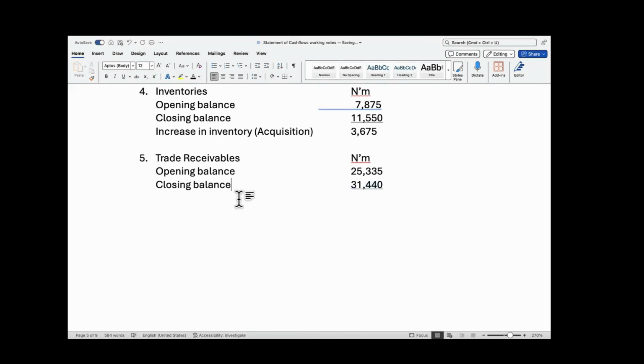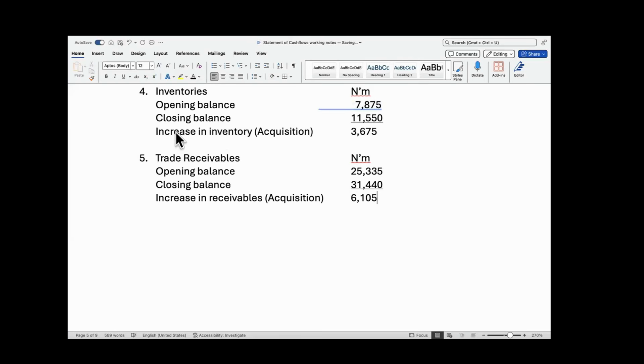There is also an increase. There's also an outflow, acquisition. How much is that? 6,105.